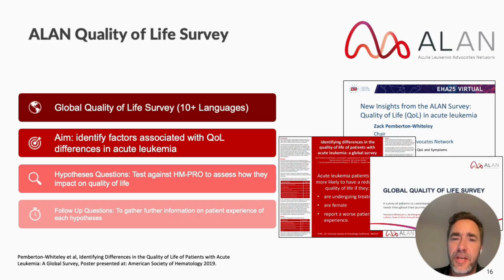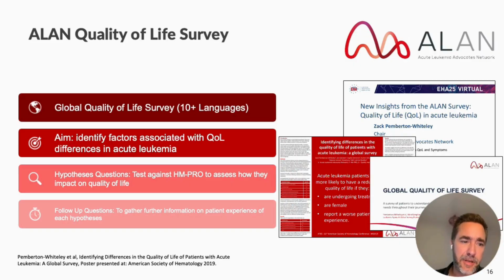And so that's why the Acute Leukemia Advocates Network ran a global quality of life survey in over 10 languages to identify factors associated with quality of life differences in acute leukemia, to understand what is ahead of patients usually getting through acute leukemias, and also give suggestions how to improve quality of life in the situation that they are in.